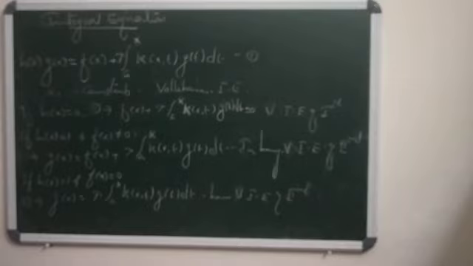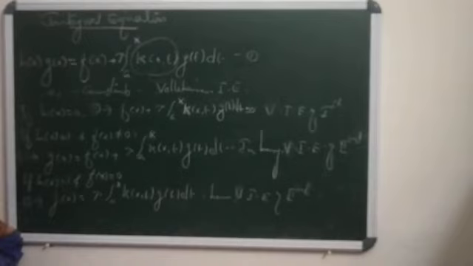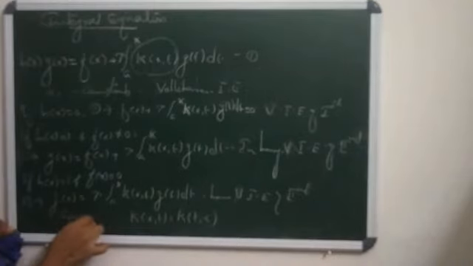Agree. Now consider this. What is this k(x,t)? k(x,t) is known as the kernel of the integral equation. If k(x,t) equals k(t,x), then the kernel is said to be a symmetric kernel.